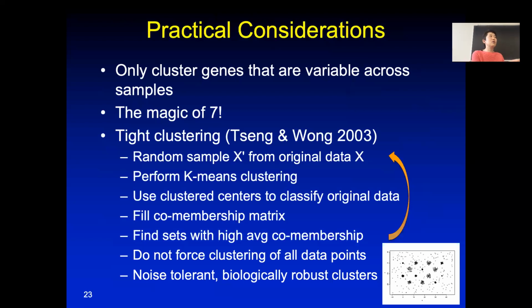Let's say there's adenocarcinoma, there's squamous lung carcinoma, there's small cell lung cancer, and then there are a few that you're just not sure what they belong to. They're weird, and maybe there's a misdiagnosis or something. Those could be outliers, so your tight clustering can get rid of those. You want to get those clusters that are well represented, where samples look very similar.